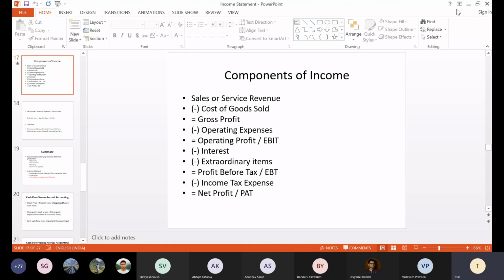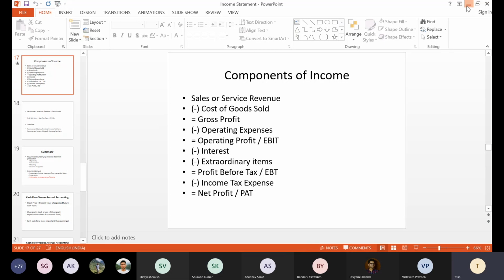Ma'am, extraordinary is like some de-recognition of a long-lived asset or sale of a long-lived asset, which we do not do regularly. So for example, when I say the gains and losses of selling your assets, you remember? Yes, ma'am, gain and loss of some equipment we were discussing yesterday. Yes, ma'am.